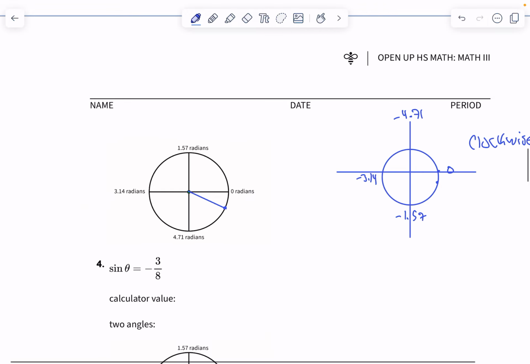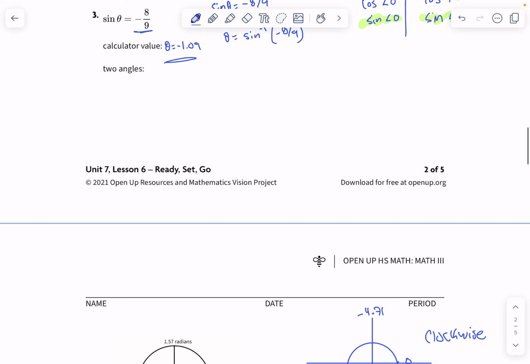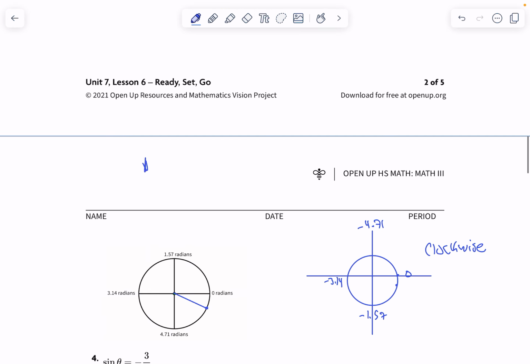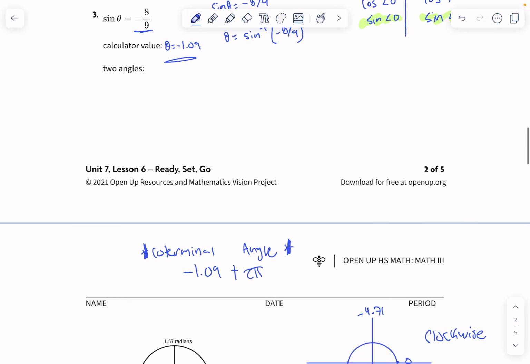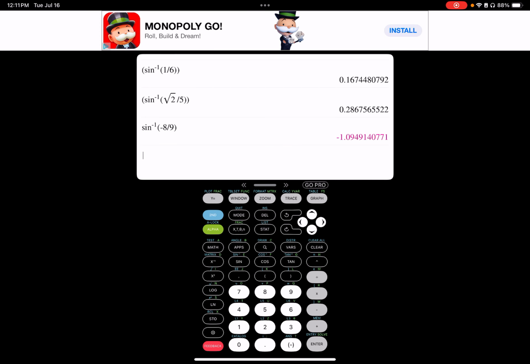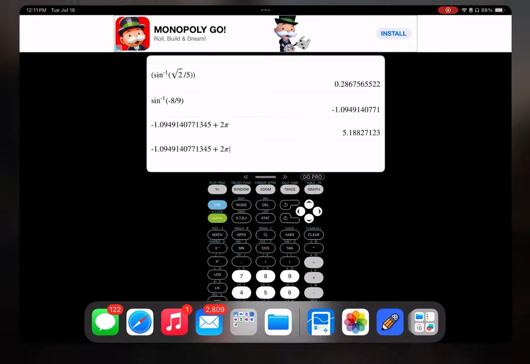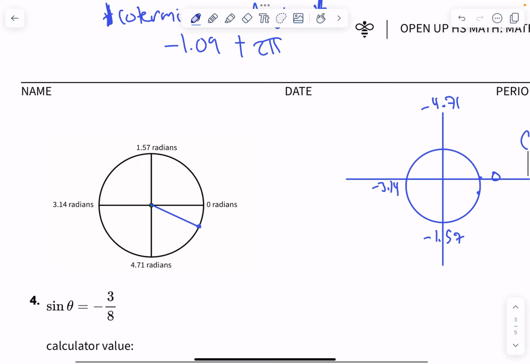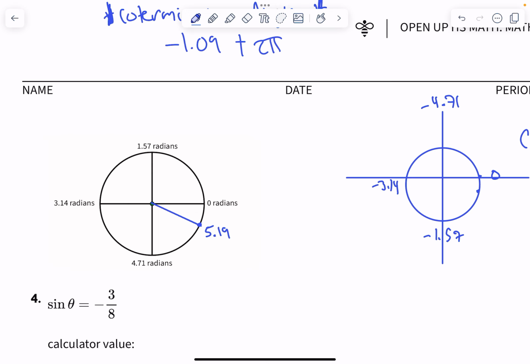Now, we can do that by adding what? If I think about a coterminal angle, a coterminal angle means that I'm adding what? I'm going to get negative 1.09 plus 2 pi. And I'm doing this two different ways right now. I get 5.19. So my angle here is 5.19.